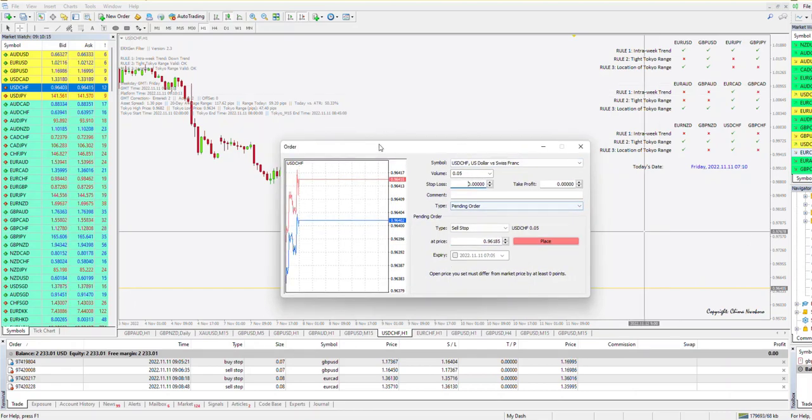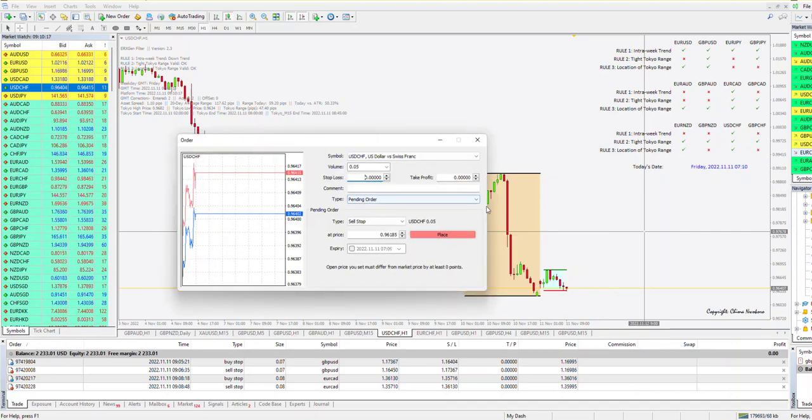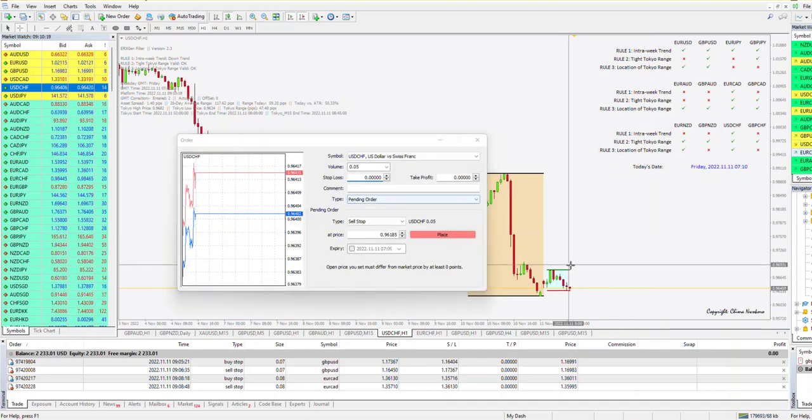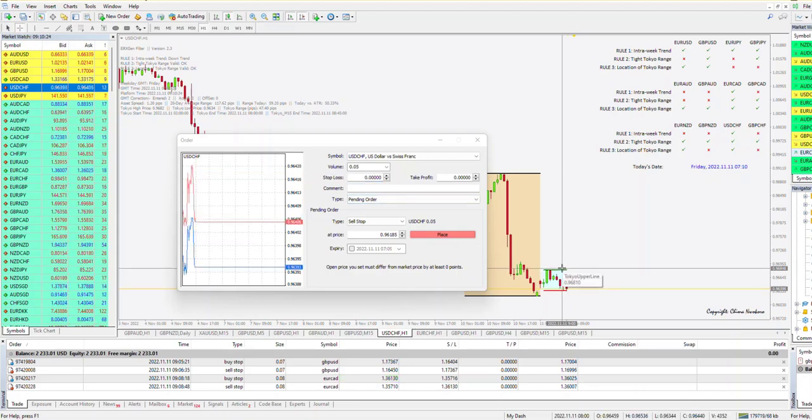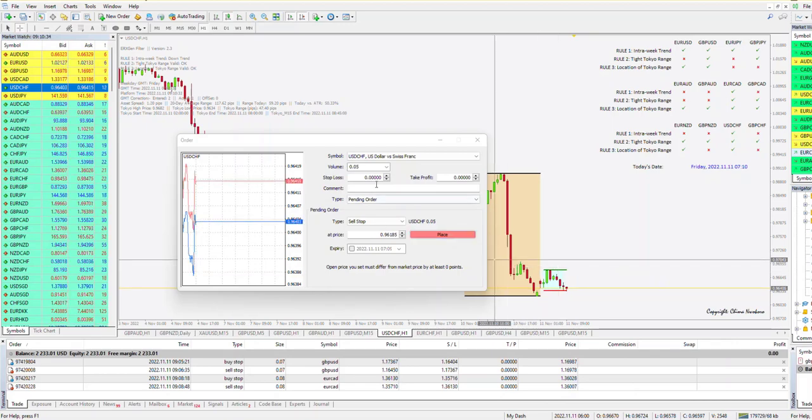Stop loss. Let's move this to the side. Stop loss will be, you can either put your stop loss here or put it up there, but let's put it here. 0.96866.